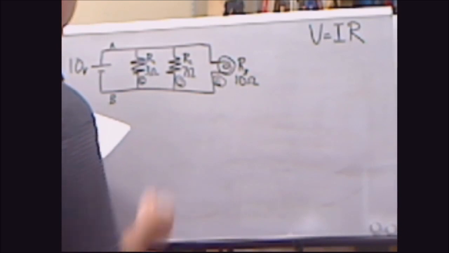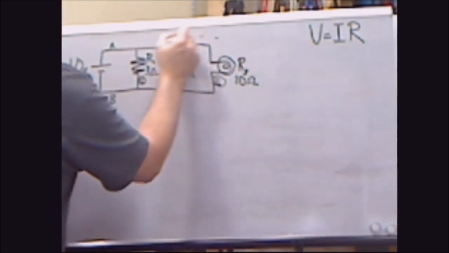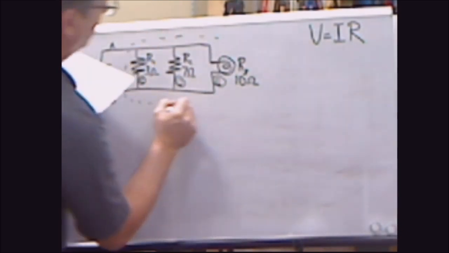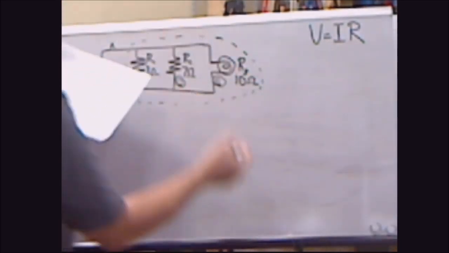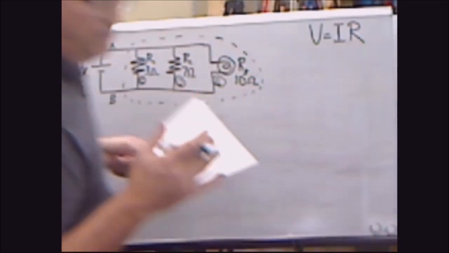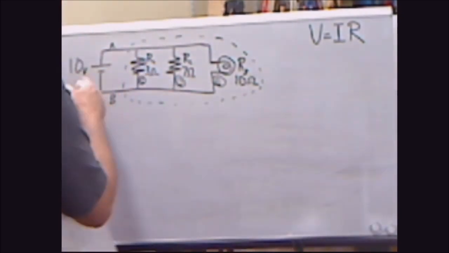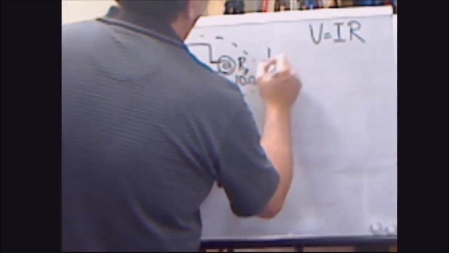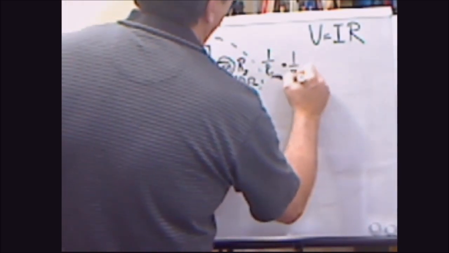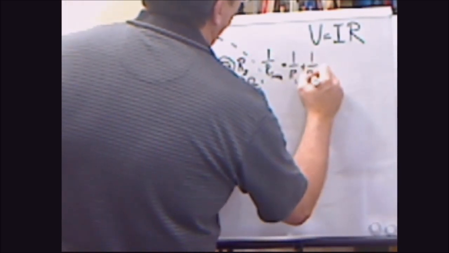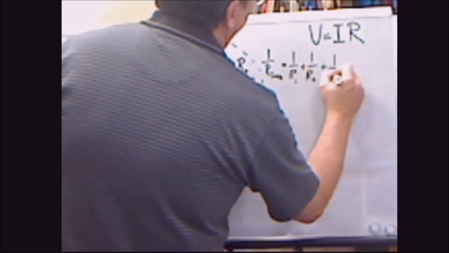All right, so the first thing we got to do, we want to figure out, this whole system is going to offer resistance to this voltage potential. The same as always, 1 over R sum is 1 over R1 plus 1 over R2 plus 1 over R3.